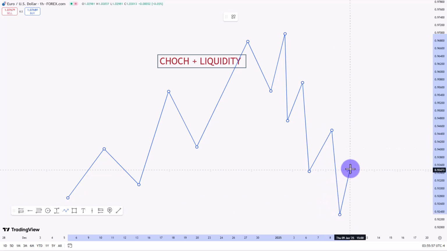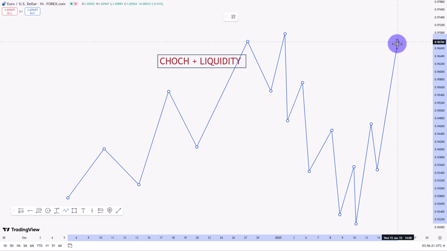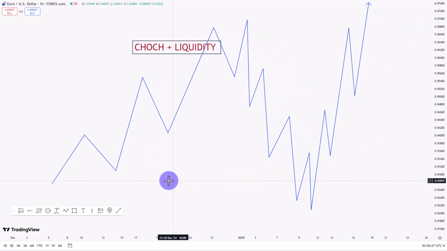And at the moment we see price take out the previous lower high, what we now have is a change in market structure from bearish to bullish. We just shifted market structure from bearish to bullish, and we want to see price now start to form higher high, higher low, higher high, higher low. This is what market structure is all about.